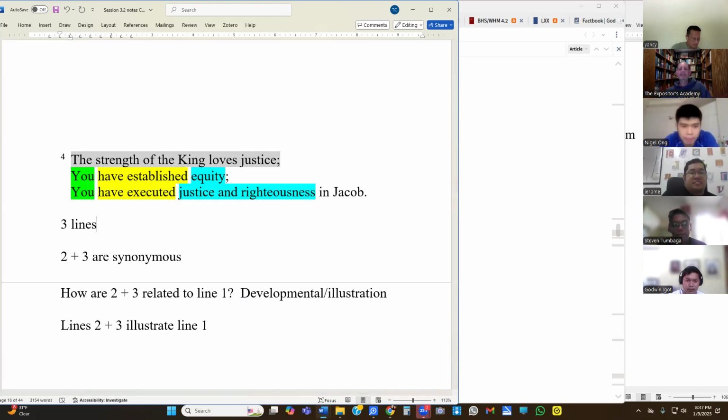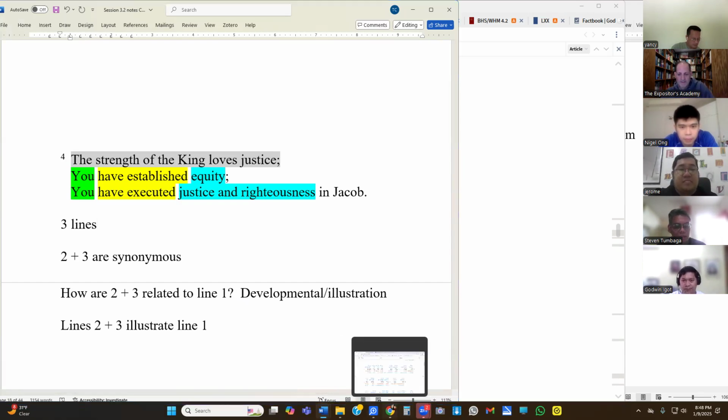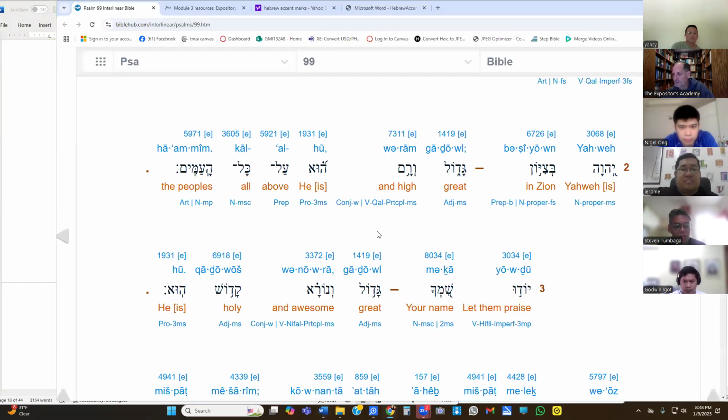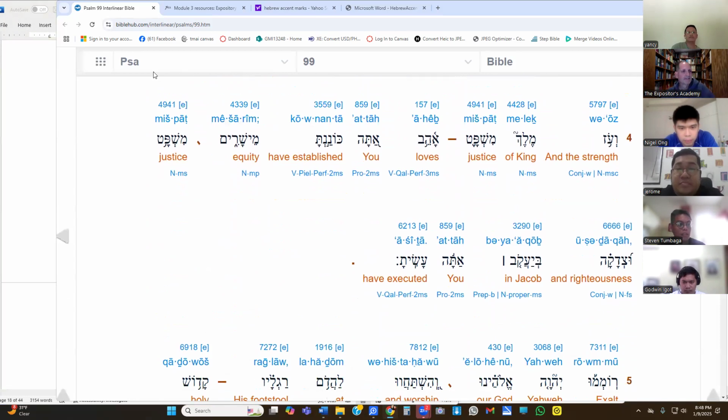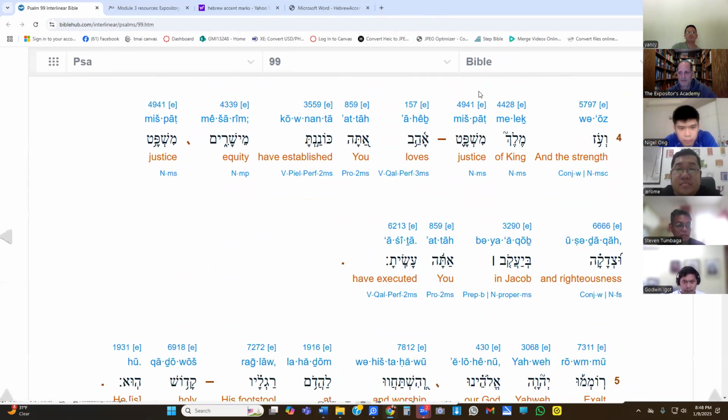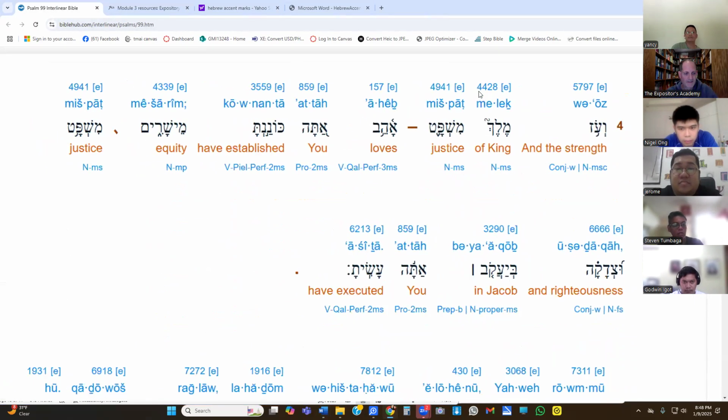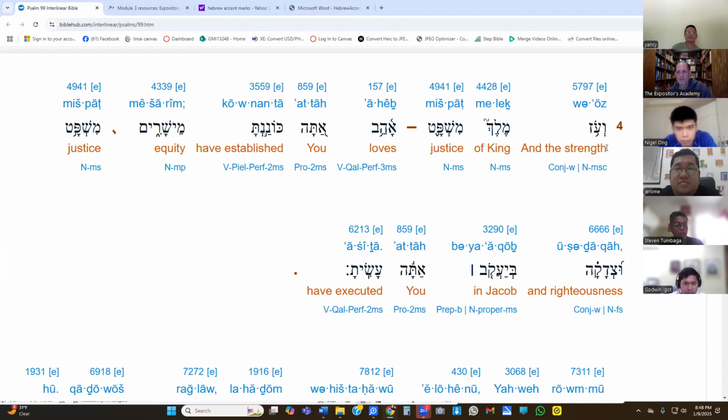Now, just to make this even more fun, let's look at the interlinear and see if we have anything going on with the word order. Here we go. Strength of the king, justice loves. You have established equity. Oh boy, look at this.